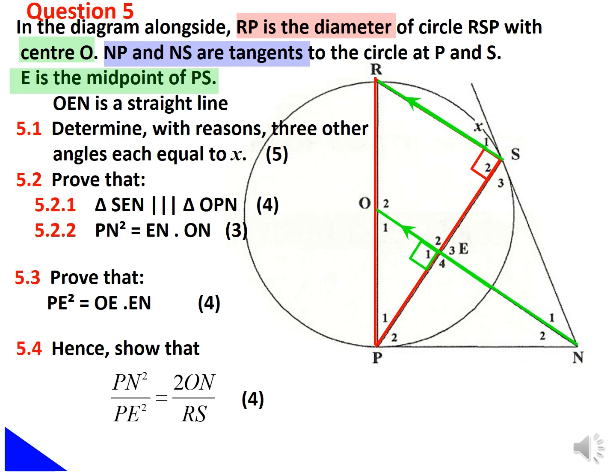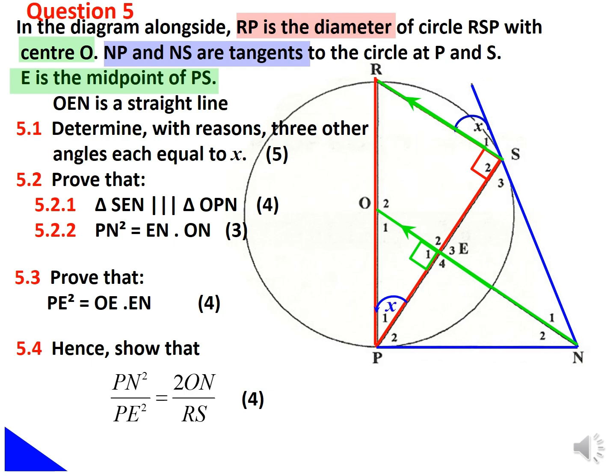We have two tangents, we have a line from center which is touching the tangent. Now we have a lot of information from the tangents. That is my tangent, and that angle there, S1, is equal to angle P1 because of the tan chord theorem. Then what else do I have?